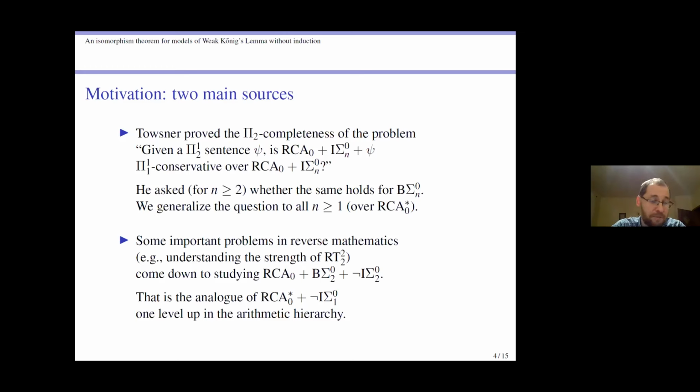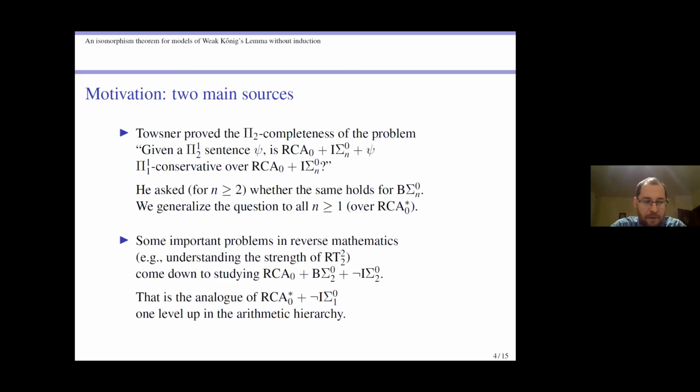The other piece might have been others as well, but these are the two main ones I'm aware of. The other piece was that there are a number of interesting problems in reverse mathematics concerning the proof theoretic and computational, whatever else, strength, but especially proof theoretic strength or more generally logical strength of various statements from combinatorics, mainly from Ramsey theory, most prominently Ramsey's theorem for pairs and two colors.